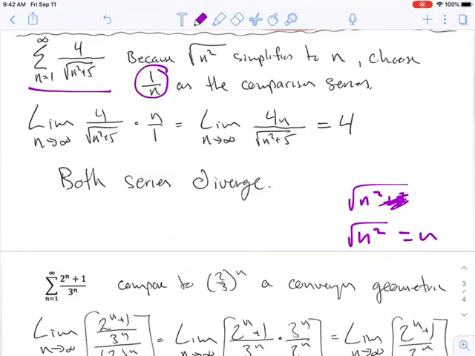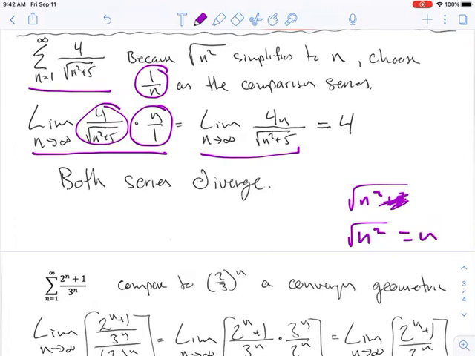We know that 1 over n is a diverging harmonic series. Taking the limit of the ratio of a sub n divided by b sub n, of course I'm skipping that step and going right to multiplying by the reciprocal, we end up with this.